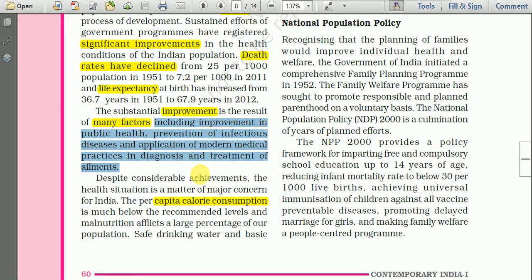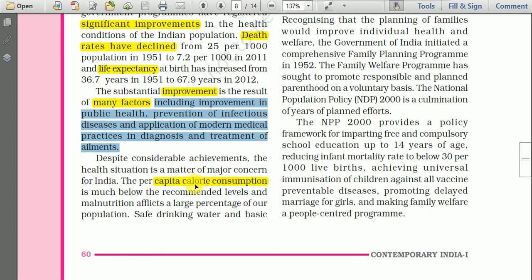So India has been developing in the field of medical treatment and the diagnosis process. And that is why the death rate has been declining, and many new medicines have been discovered and invented. And that is why we have an improvement in life expectancy, because of improvement in the medical facilities.